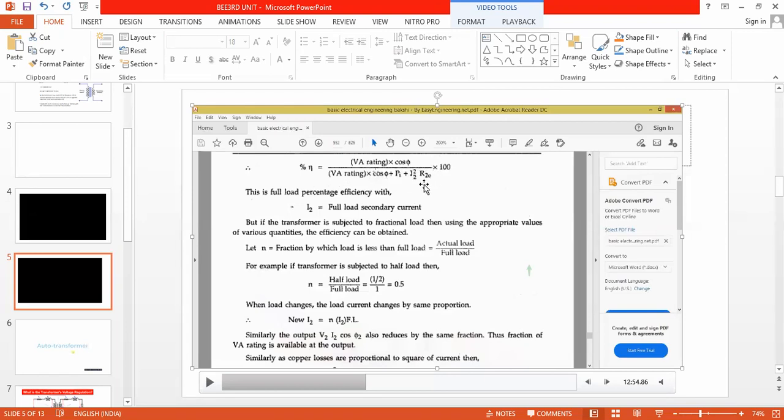I know it is somewhat difficult to understand here, but I will make you perfect. No need to worry at all. So first remember this formula. In the problem they will give you the total winding resistance referred to the secondary, I2 squared R02.